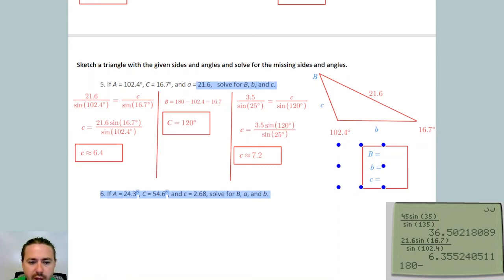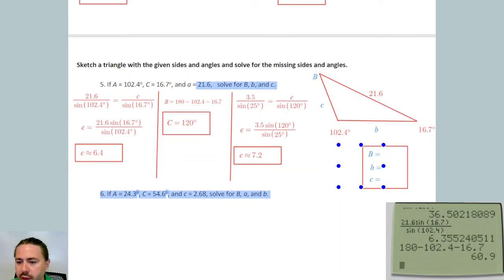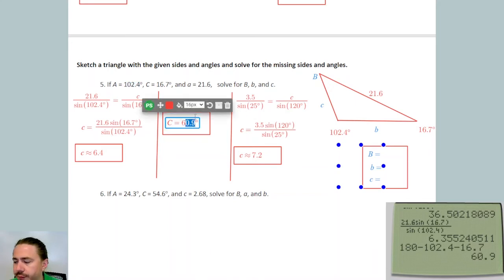And I get 60.9. Usually I'll only round to the nearest whole degree, but since they gave us angle measures that go to 1 decimal place, I'm going to go to 1 decimal place as well.